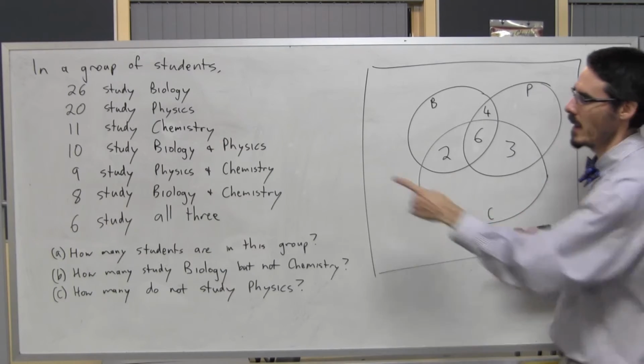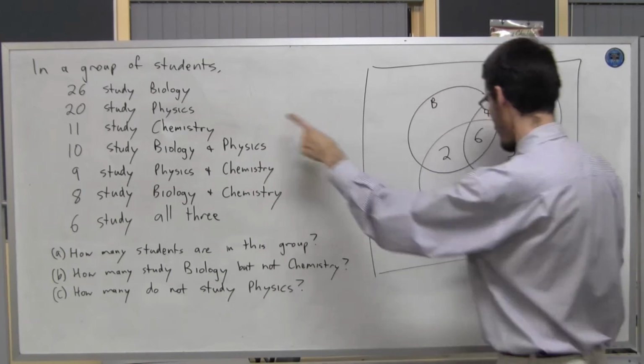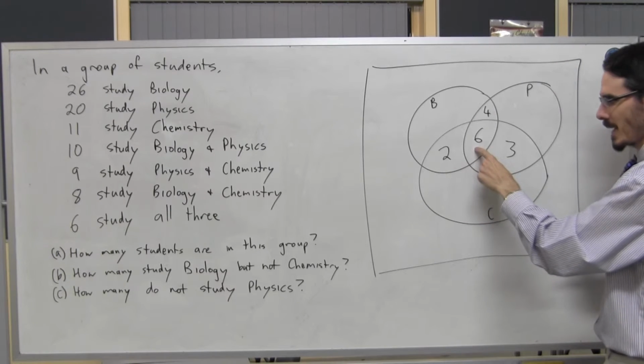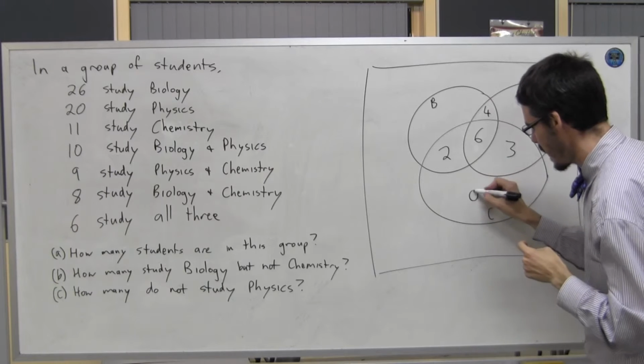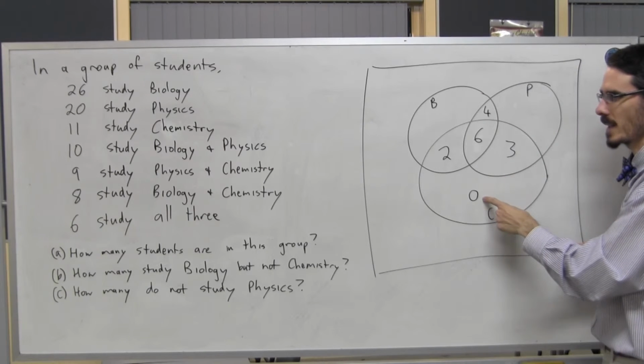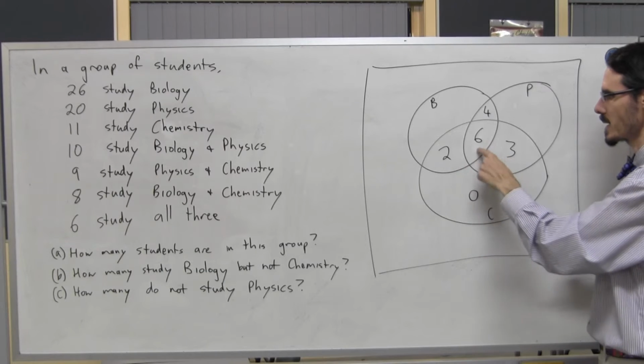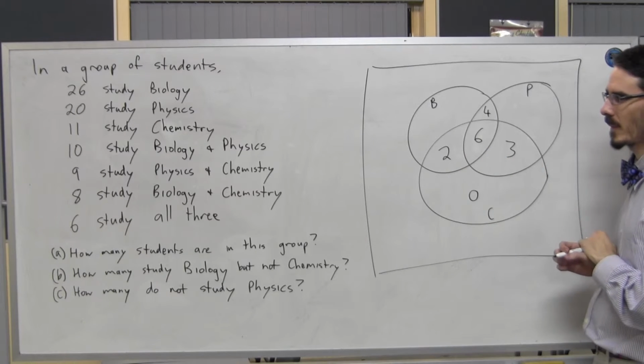Okay, we're nearly there. There are 11 students who study chemistry, but I've already got 5 and 6 make me 11. So there are actually no students who only study chemistry. All the students who study chemistry do at least one of the others.